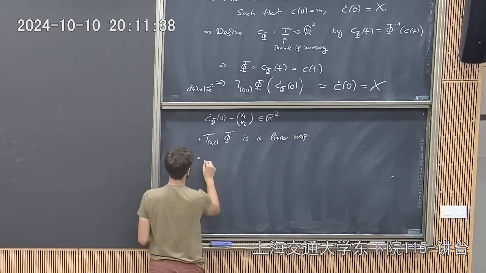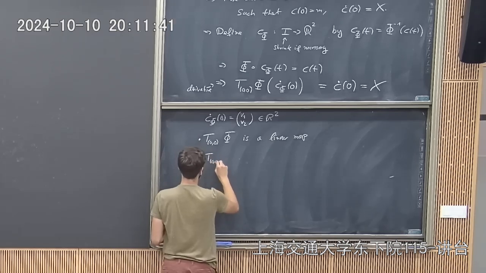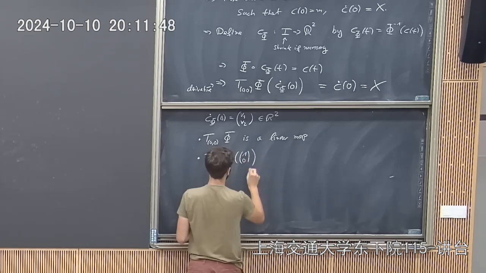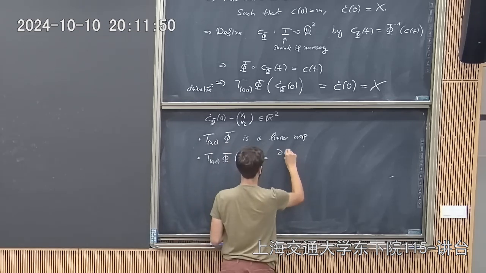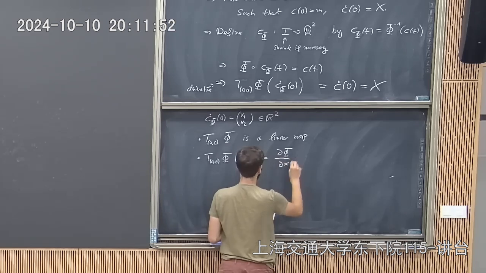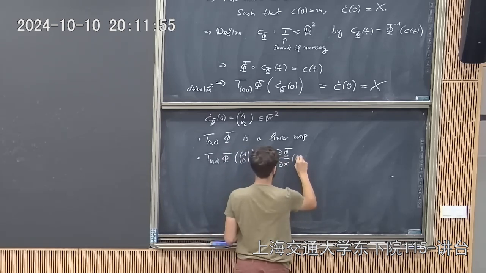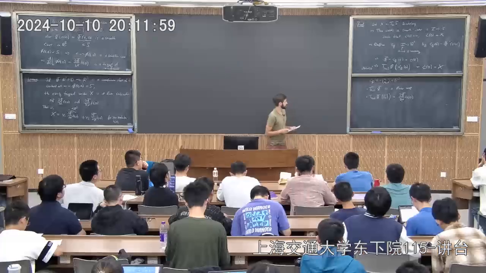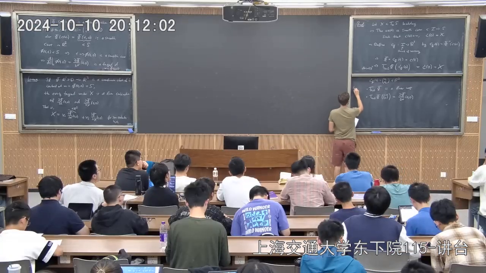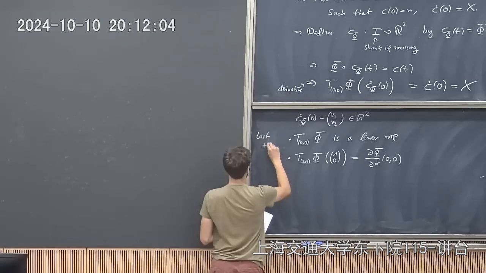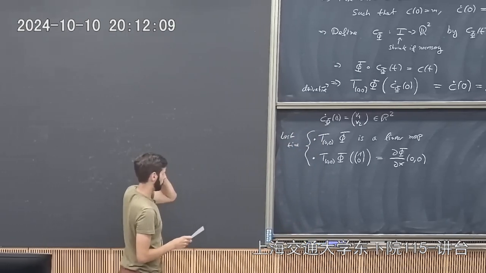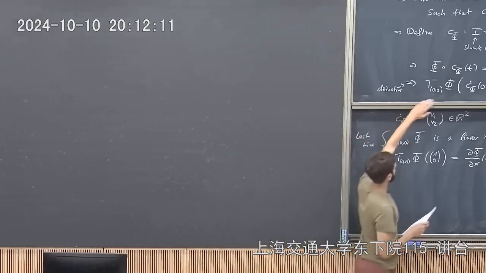We also had last time that if you evaluate this one in the x direction, this is nothing else than taking the partial derivative at 0. That was just the definitions from last time. It was two properties, and we now use these properties here.